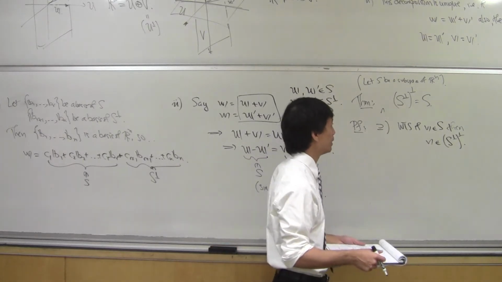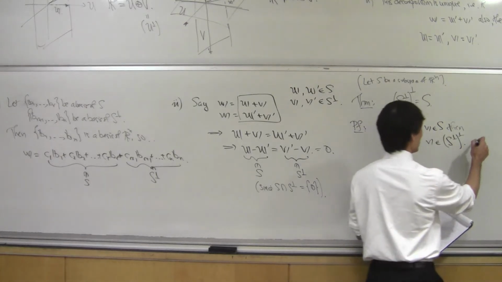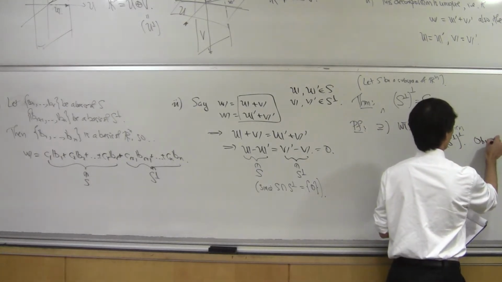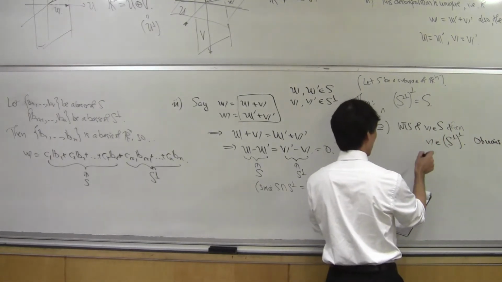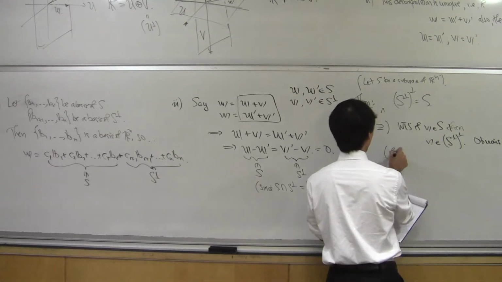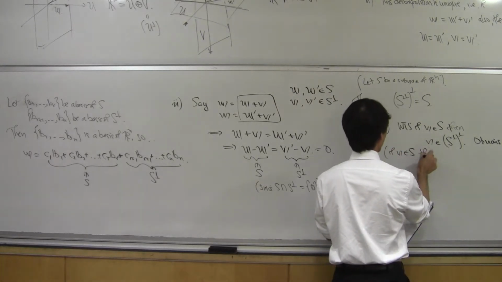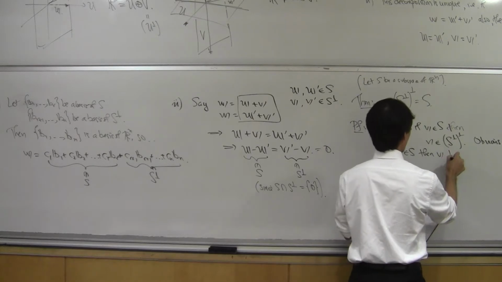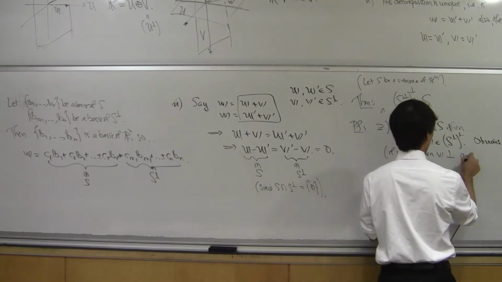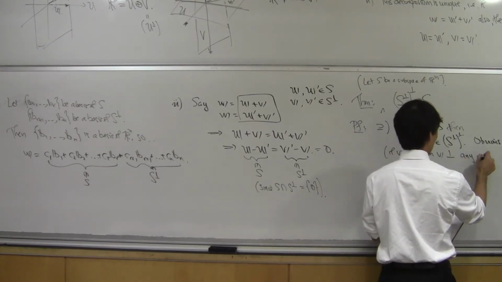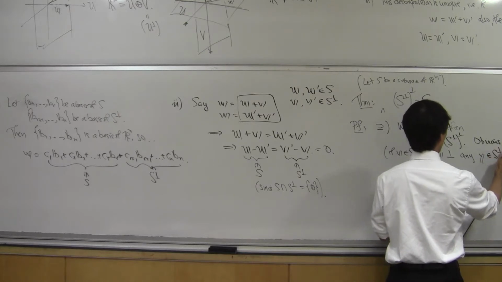So that's obvious. If V is in S, then certainly V is perpendicular to anybody in S perp.